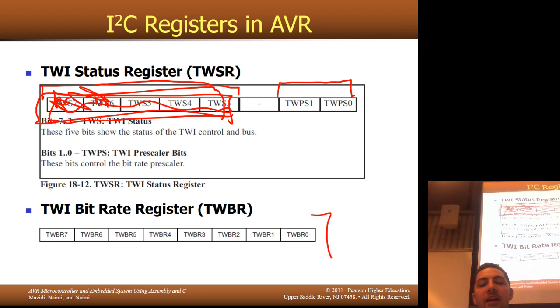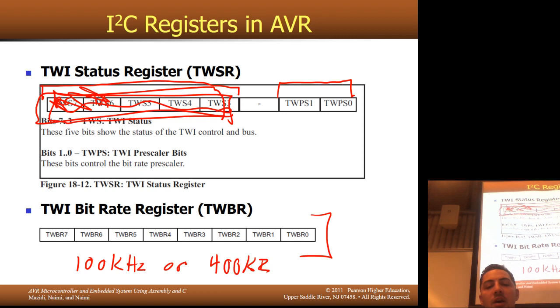We do have fine-grained control over our baud rate. Even though most devices either work at 100 kilohertz or 400 kilohertz, there's now actually a standard for 1 megabit per second, I believe. So those are the three default speeds. You can talk at any speed that is less than the max speed of the device you're working on.